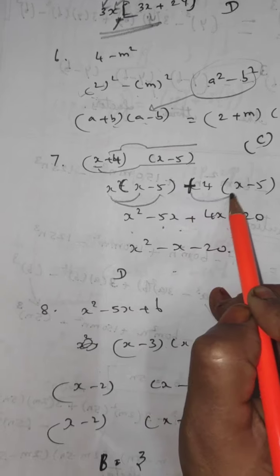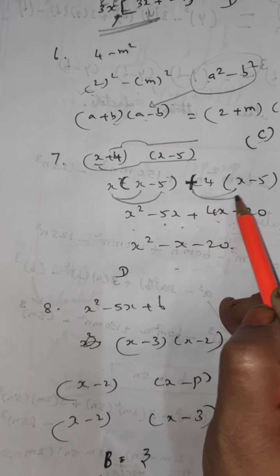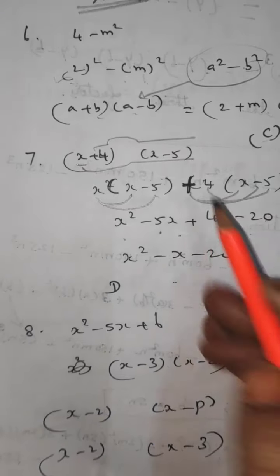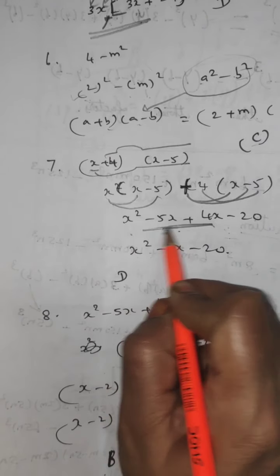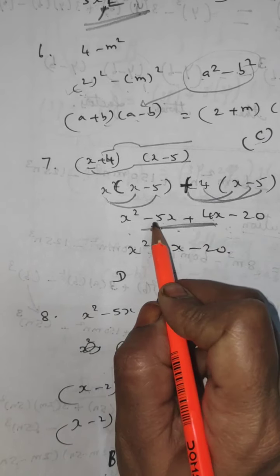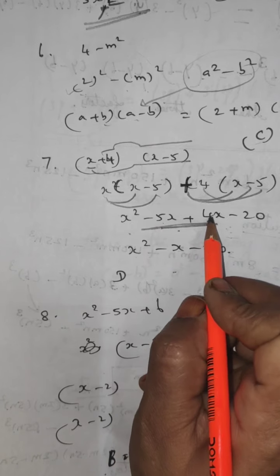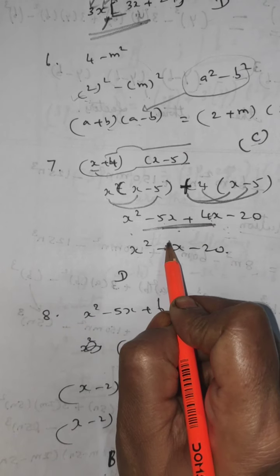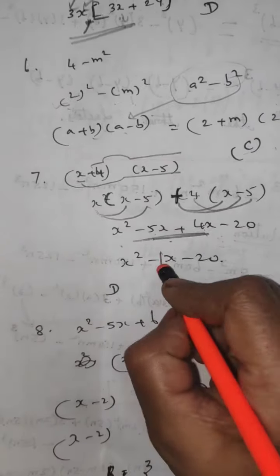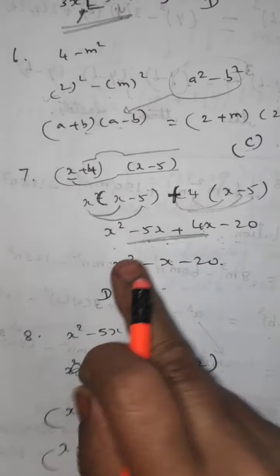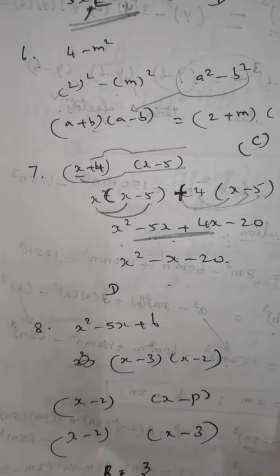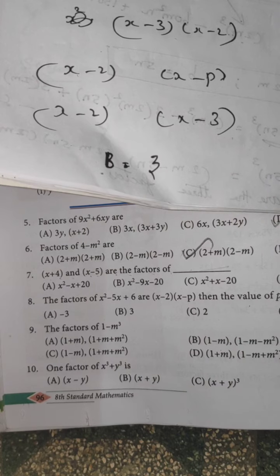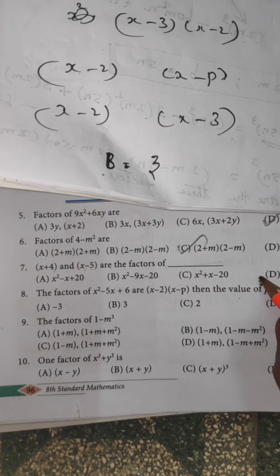Next, 4 multiplied by x minus 5: 4 into x is 4x, and minus 4 fives are minus 20. Now the two like terms: minus 5x plus 4x equals minus 1x, which is just minus x. So x squared minus x minus 20. Which option is correct there? D option is correct.